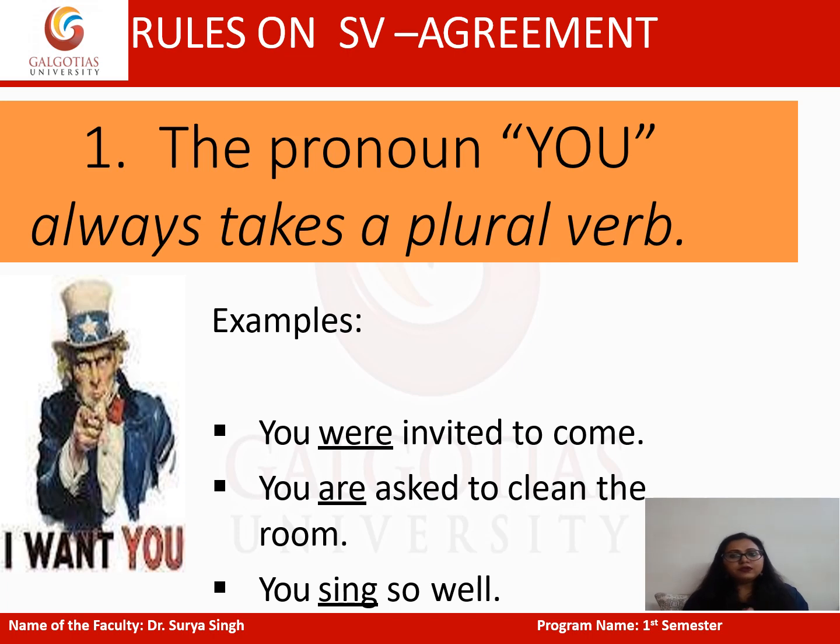Now, I hope the concept of subject, verb, number and agreement is clear to you by now. So we say subject and verb have to agree in number. So we have discussed in detail what is subject, what is verb, what is number and what is the agreement of subject and verb with respect to number.